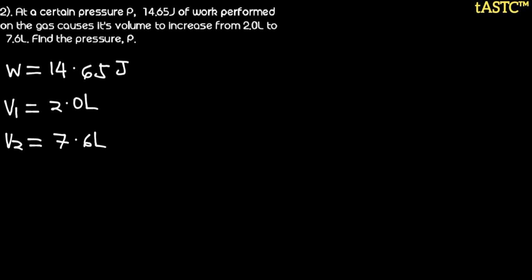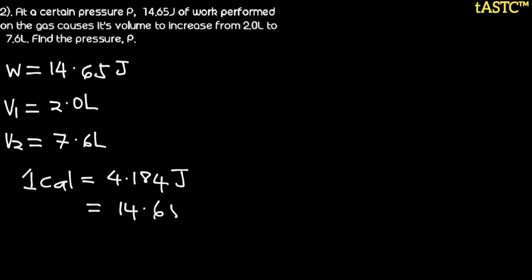Now, for this part of chemistry, we're going to deal with the work done always in calories, not in joules. So how can we change this from joules to calories? You need to know that 1 calorie is equal to 4.184 joules. So what is going to be 14.65 joules in form of calories?